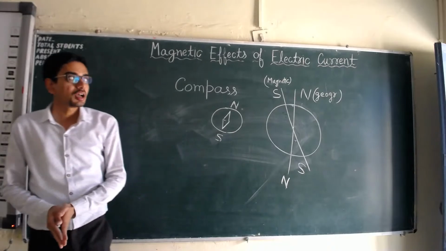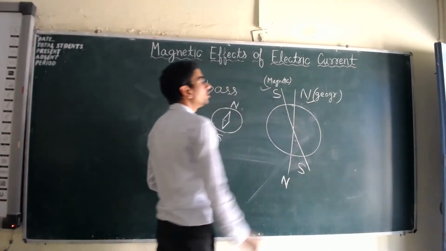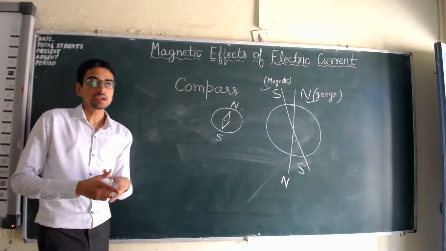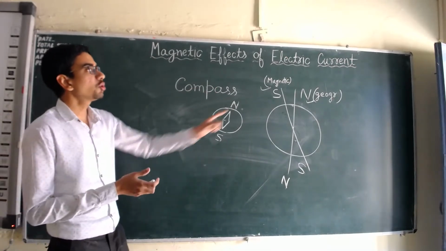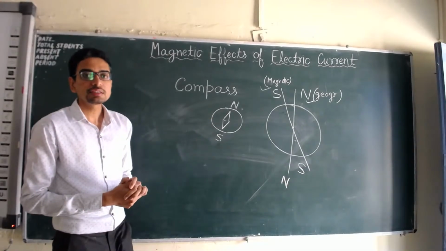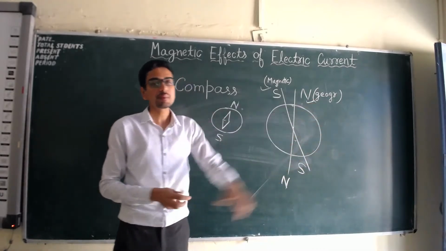But actually, the magnetic south pole is in the geographical north direction. जहाँ पर magnetic south pole है वो actually north pole है of Earth. So that's why that is north direction, and that's why compass always points towards geographic north and geographic south. Geographic से मतलब है हमारा direction.